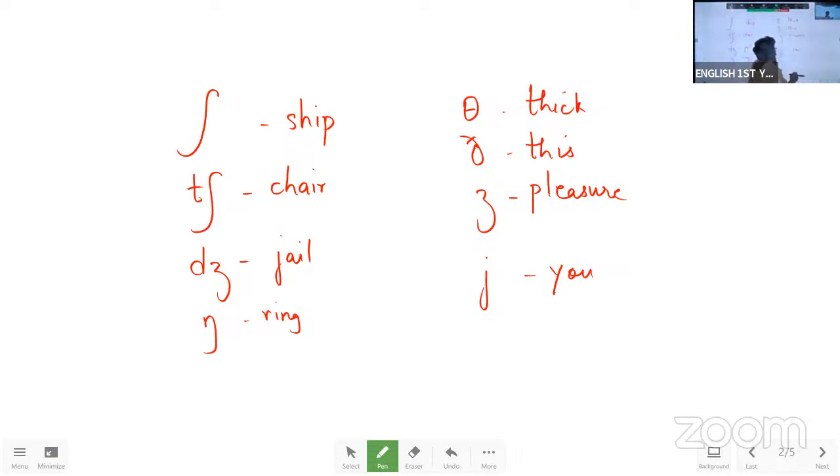This is pleasure. And like I told you, the other consonants, L is pronounced as la, M as ma, N as na, B as ba. So only the pronunciation changes, but the letters remain the same, except for the letter Y. In phonetics, it should have been pronounced as J. But already, if you check, the third symbol shows J, as in jail.